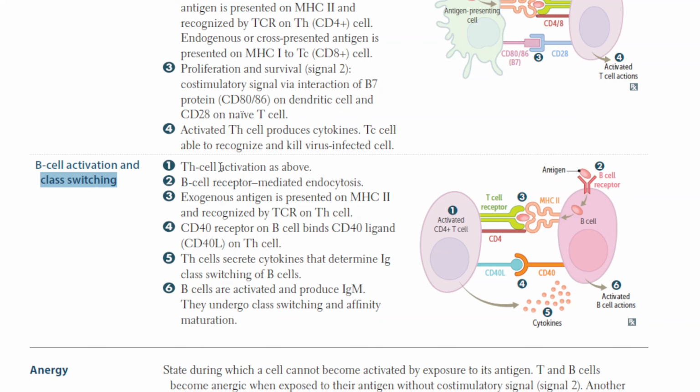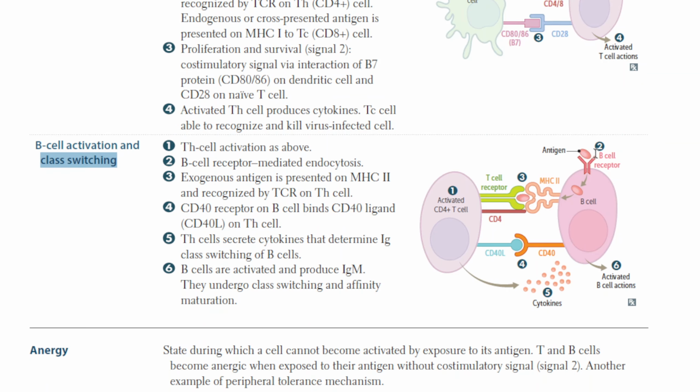So the Th cell activation, as above, is a whole process. Then B cell receptor mediated endocytosis. As you can see here, the antigen is presented to the B cell.